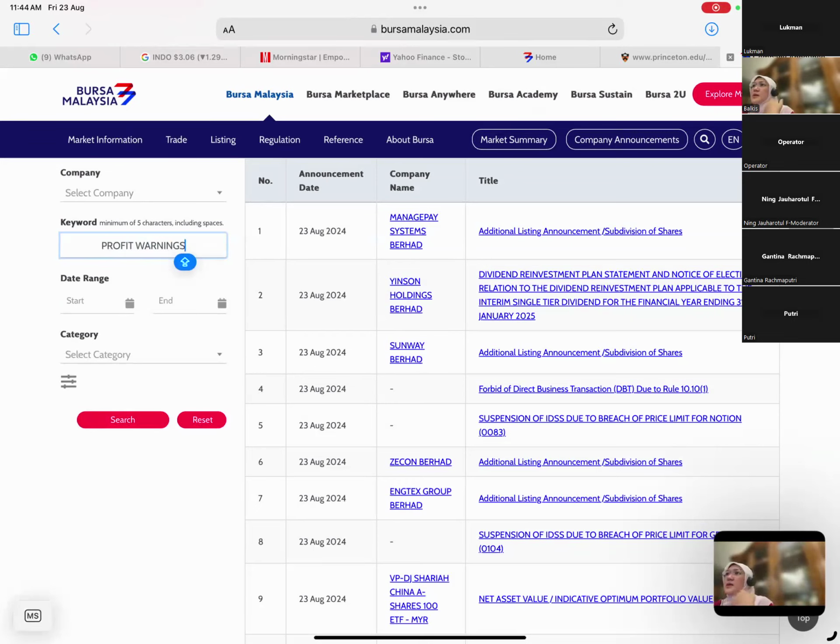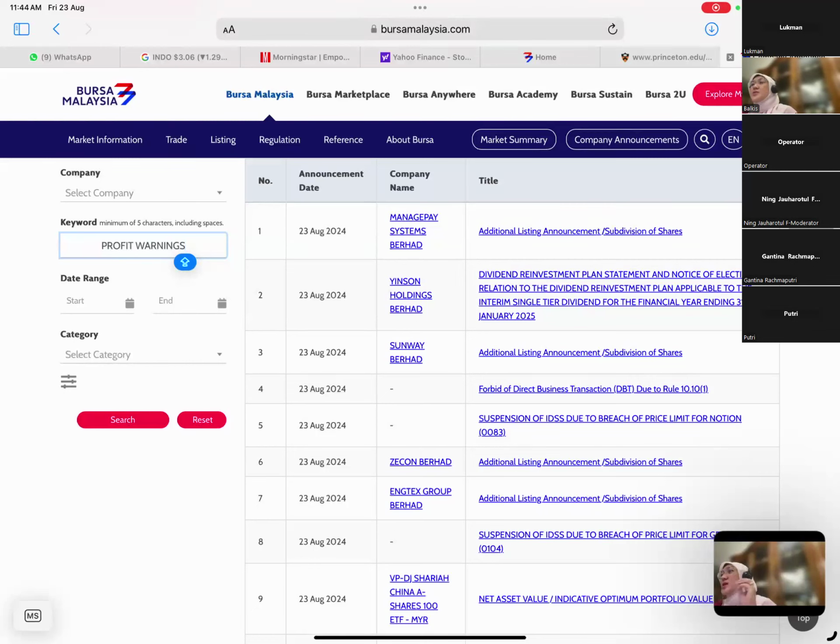That means when the company forecasts its profit, the forecast can be better than before, or it can be worse than before. So every profit warning that the company forecasts and that is available through the website, I hand collected, picking it up one by one.